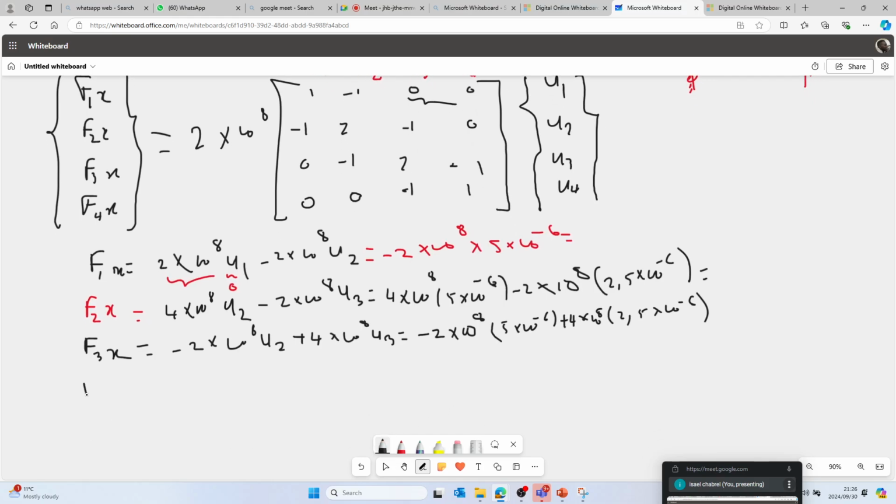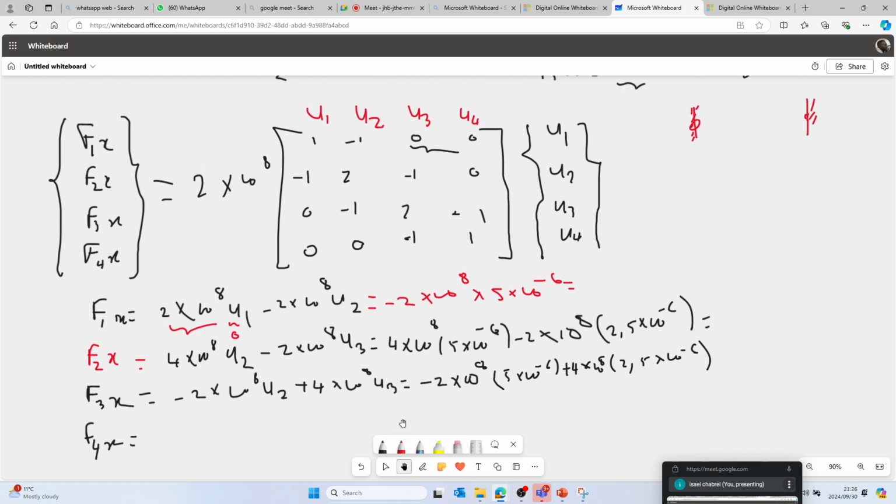What do we do so that we can have a nice recording? For F4, what do we do? Okay, F4 is even nice. This is 0, this is 0. Do you guys see it? So what is left? Simply minus 2. This multiplied by this, minus 2 to the 8 multiplied by U3 only. That's all, because remember, this guy gives 0.